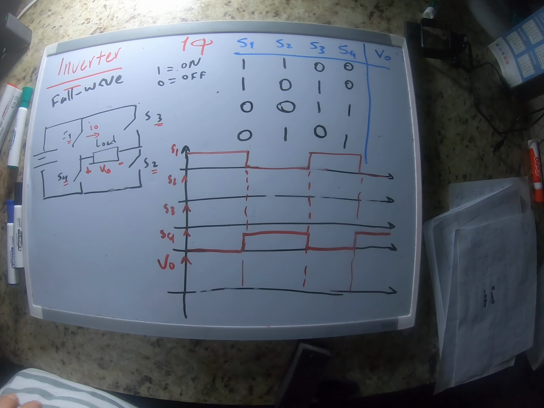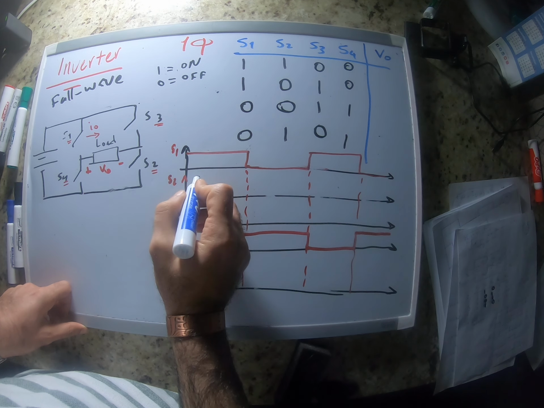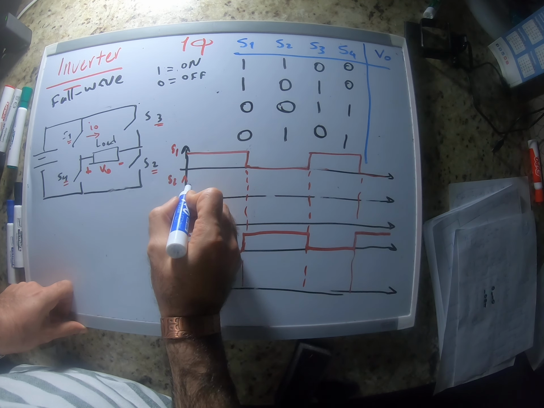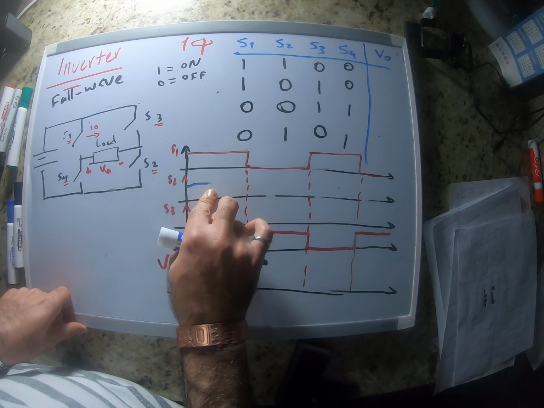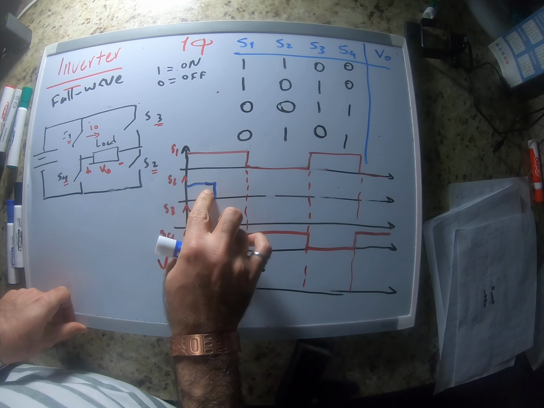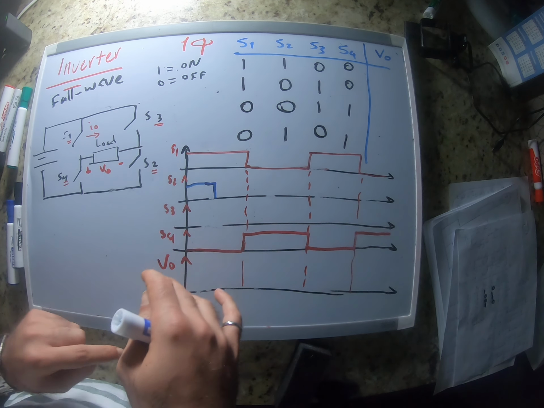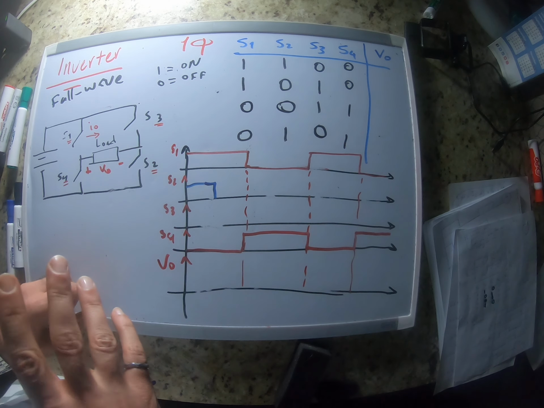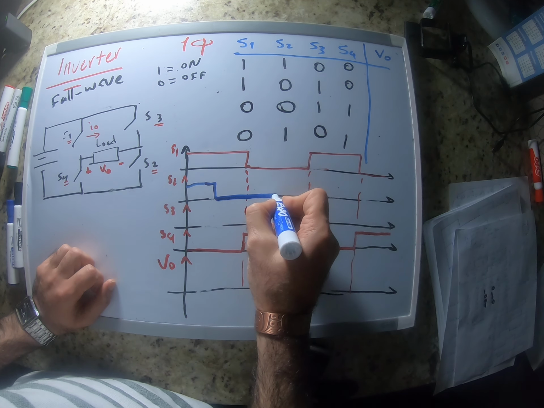I'm also going to choose S2 to have some phase lead from S1. There are different ways that you can turn S1 and S2 on compared to each other; that depends on the modulation we're going to use, but let's assume that this is the case for S2.